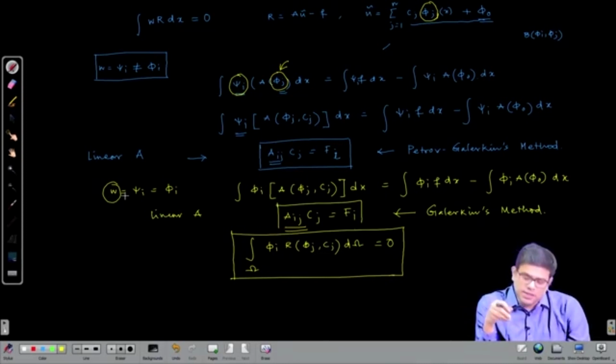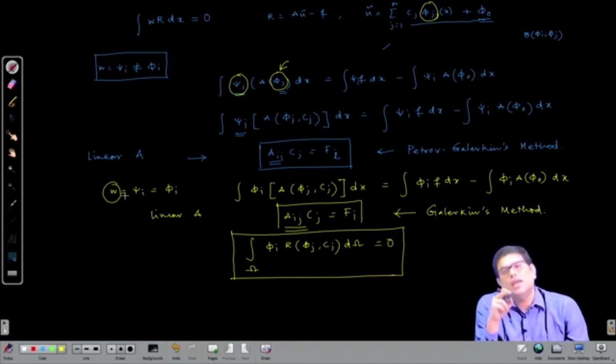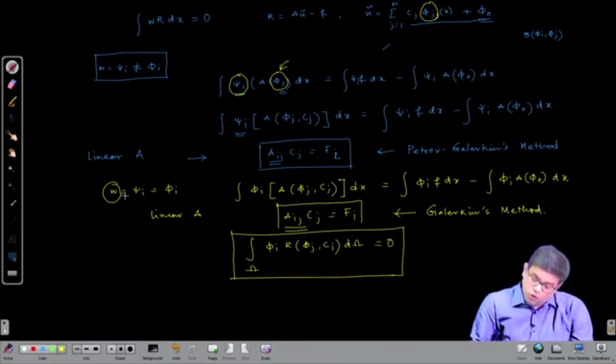And it's an error orthogonalization that I have already explained. So instead of minimization, which is the Rayleigh-Ritz method. Now, so this is the standard Galerkin method.